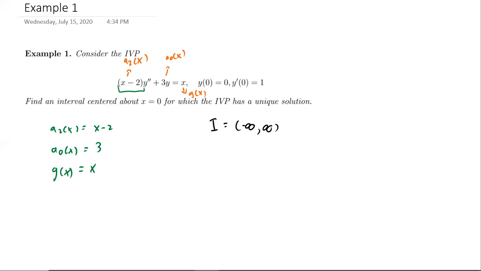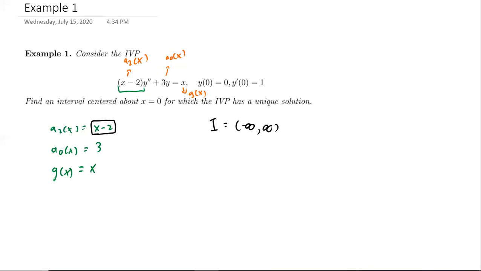However, our interval has to be an interval for which this function is not equal to 0, right? Whatever function is multiplying the highest order derivative, we have to remove any place where that function is 0 from this interval. Okay? So when is the function a_2(x) equal to 0?